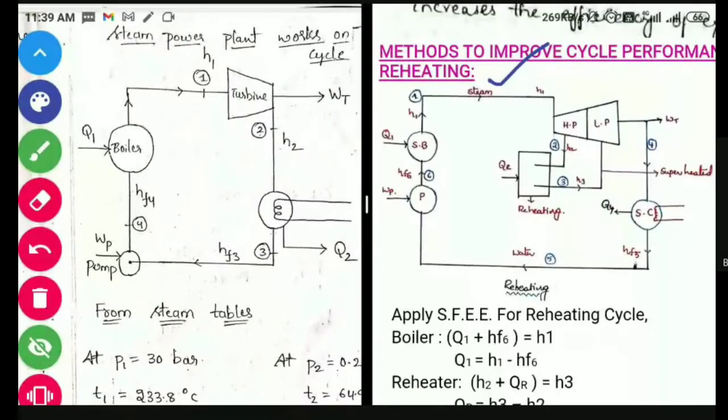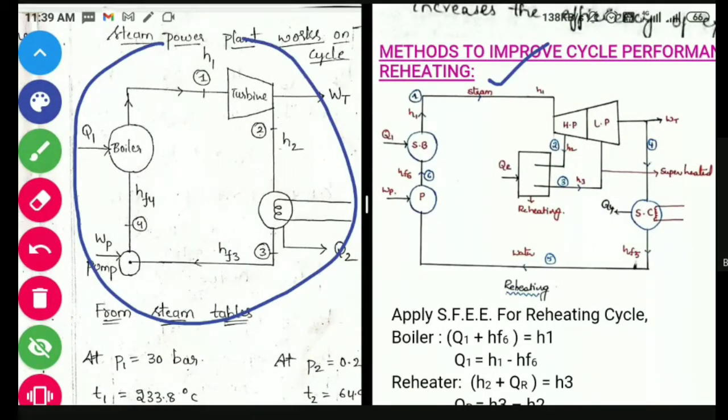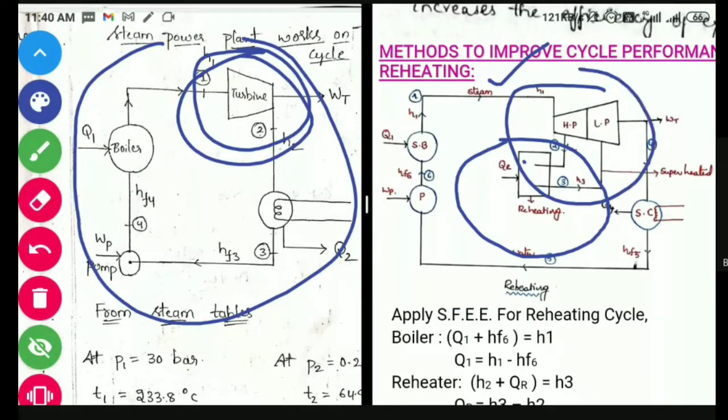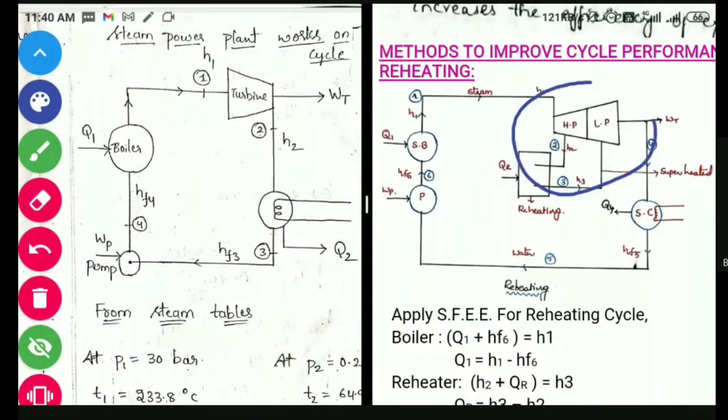Similar to the Rankine cycle, most of the components are the same. The only difference is that additionally you have to add the reheater. Here, the turbine with normal stages has only one stage, but this one has two stages, HP and LP, the high pressure stage and low pressure stage.